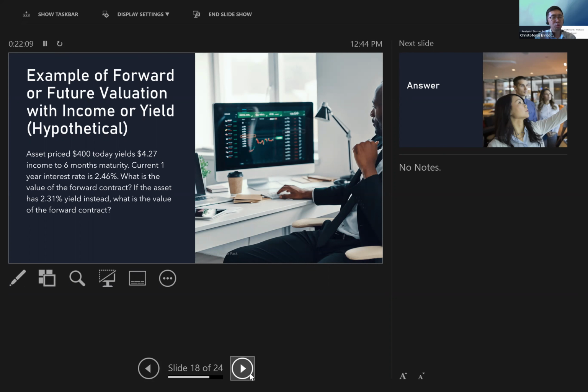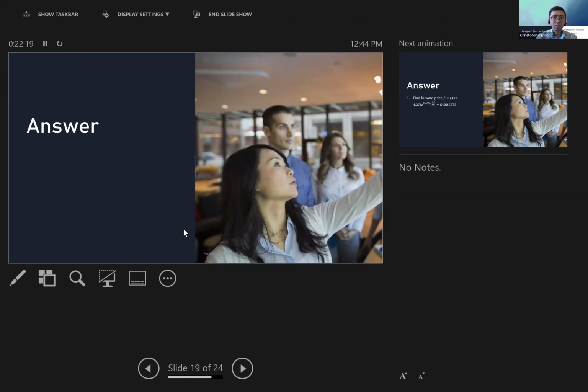Okay, I assume you all already finished your calculation, so we can discuss the answer together. First, you need to find the forward price as usual. So you calculate your spot price minus your income, multiplied by e to the power of 2.46% over half a year.